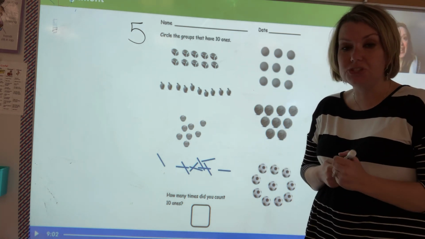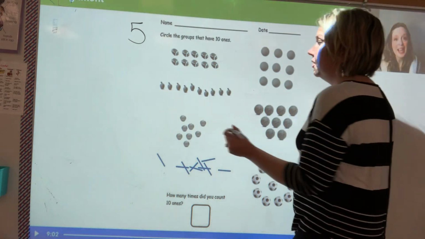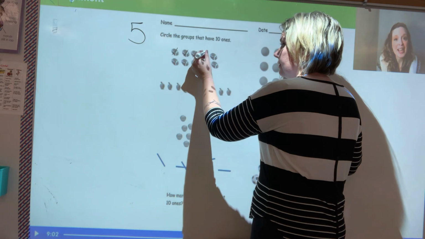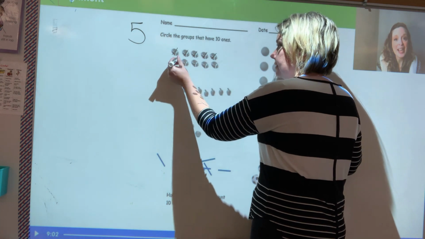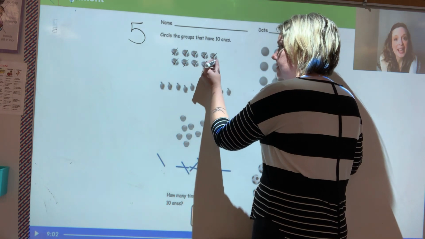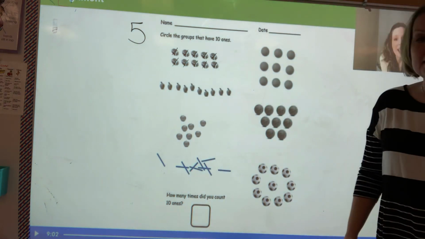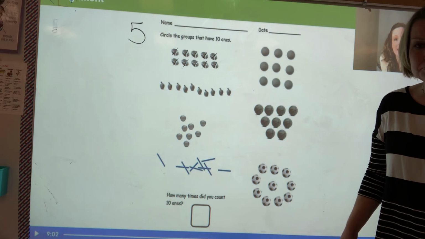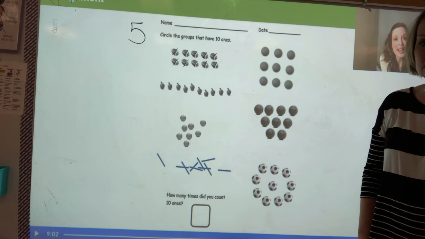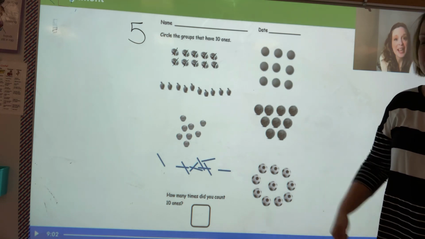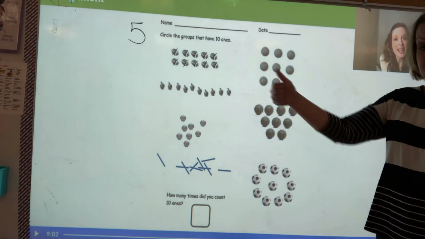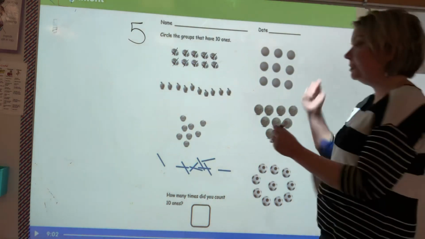Okay, let's try Estelle's strategy. 1, 2, 3, 4, 5, 6, 7, 8, 9, 10. Did I count all the footballs in the group? Thumbs up or thumbs down? Yes, I did. Is it a group of 10? Yes, it is. So I'm going to circle it.